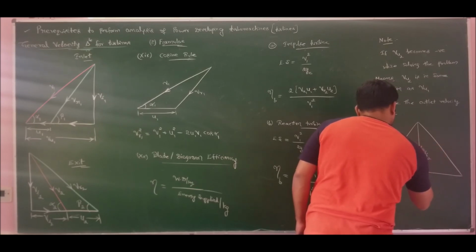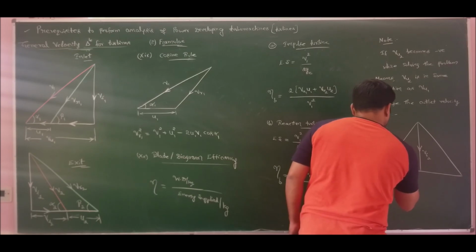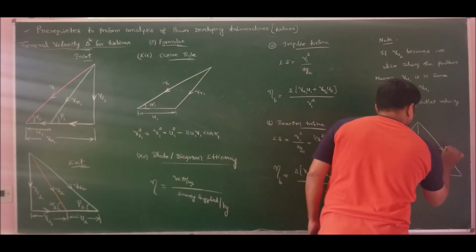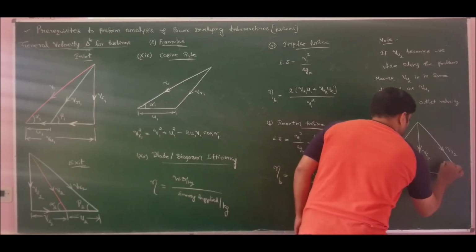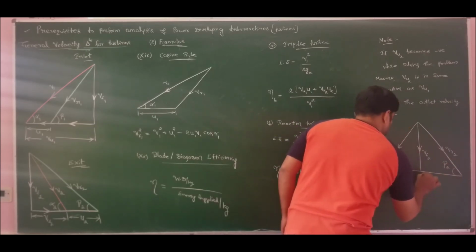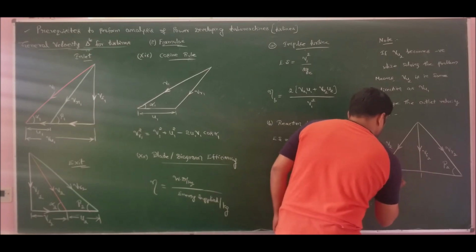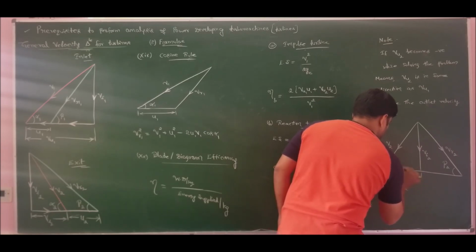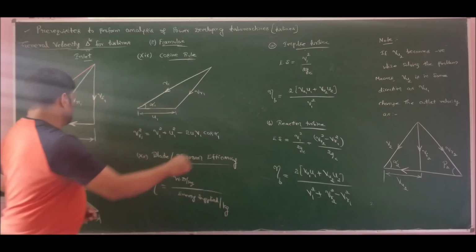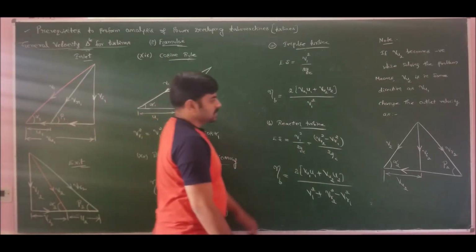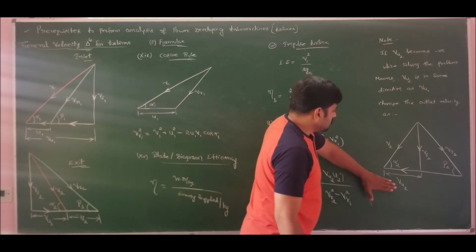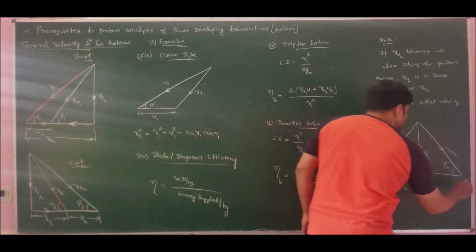Here you have VF2, V2, and VR2. Here you have alpha 2 and here you have beta 2. From absolute to flow is VU2. Moving towards the base, you can see here VU2 and VU1 are in the same direction, which means VU2 is negative for us while solving the problem based on the general velocity triangle.